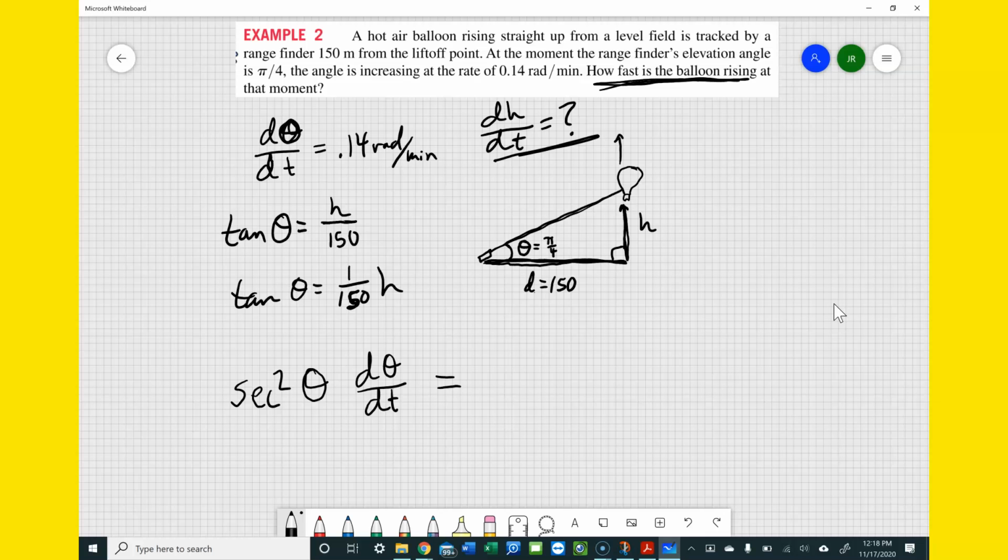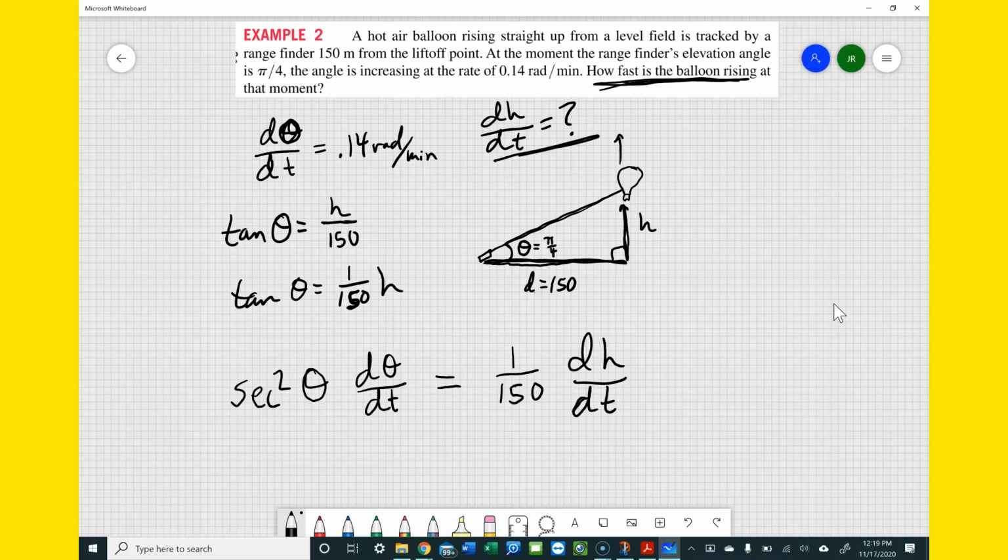That's the full derivative of the left side. And the derivative of the right side with respect to t is just going to be 1/150th, but then it's times, the chain rule says to then take the derivative of that inner piece, which is just h with respect to t. So dh dt.